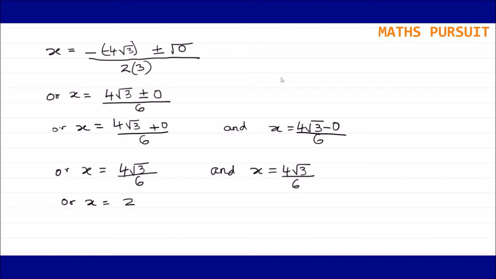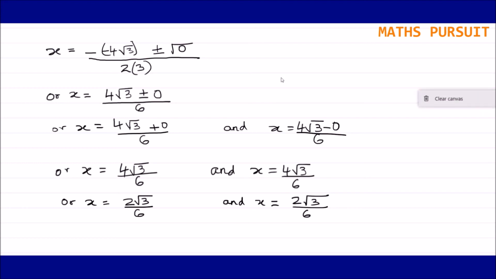So I can write 2 root 3 upon 6, and similarly this one will also be 2 root 3 upon 6. So, sorry guys, this one is 2 root 3 upon 3. This one is 2 root 3 upon 3.